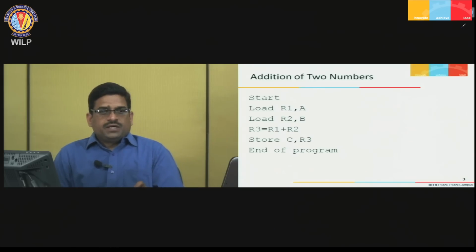From this program we understood that a program is basically a sequence of steps, and in this program how many instructions are there? Let us say one load instruction, that is loading one number which is to be added, and the second number, two load instructions, one arithmetic or computational instruction, and finally one store instruction. Total 4 instructions or statements are there.